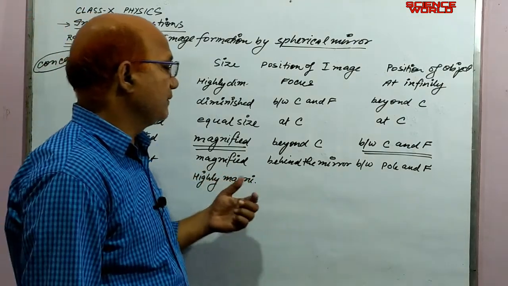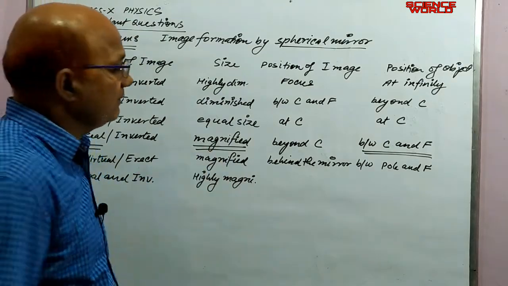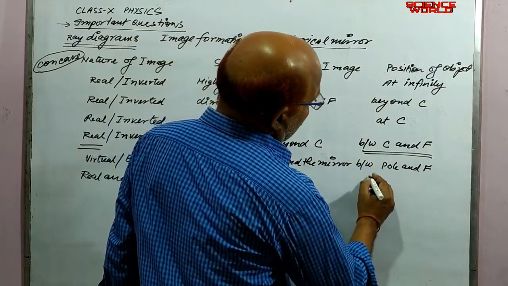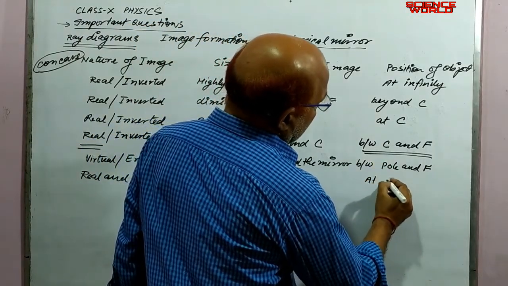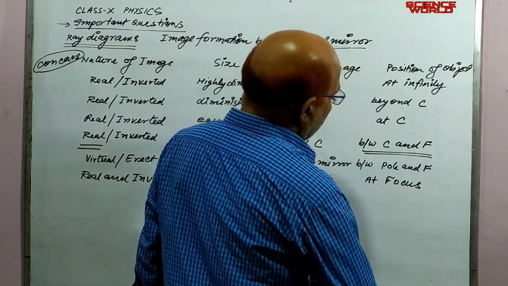So, to get a real and inverted image which is highly magnified, the object should be at focus. Okay.